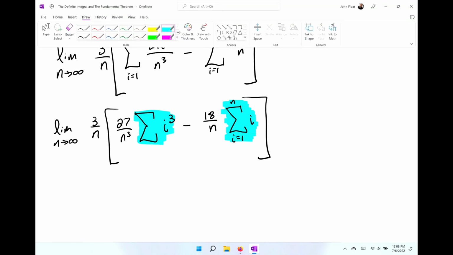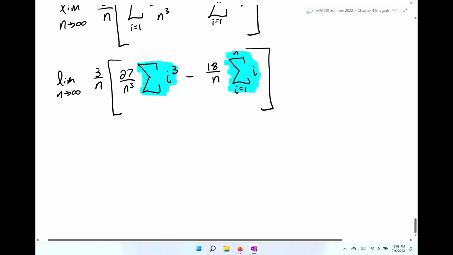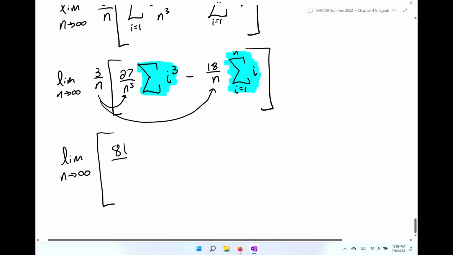Okay? Now remember, this is not giving me little rectangles. This is giving me an infinite amount of rectangles. Okay? So my next move here, I'm going to distribute the 3 over n. So it gives me the limit as n goes to infinity of 3 times 27, that's going to be 81 over n to the fourth times the summation of i to the third.